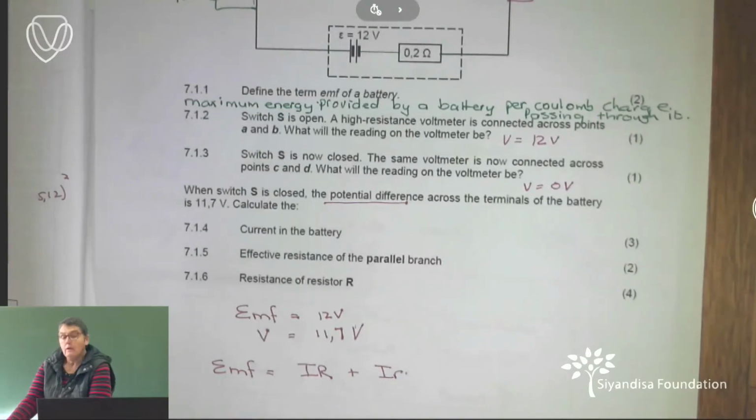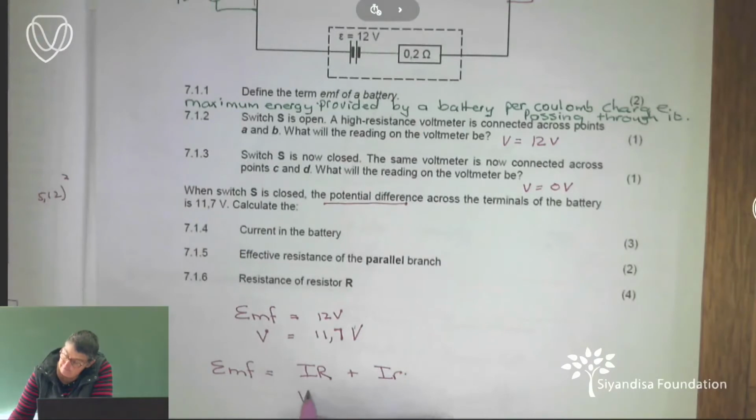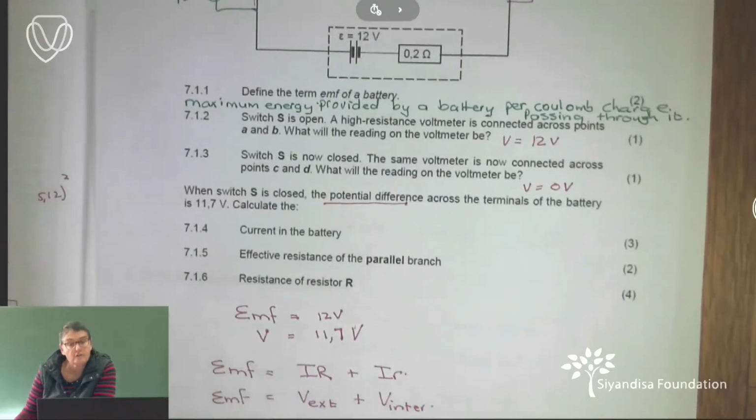Okay. I big R, people, is basically V external. And I small r is V internal. Okay? So, that is EMF. What have we got? We've got the EMF which was given to us as 12.